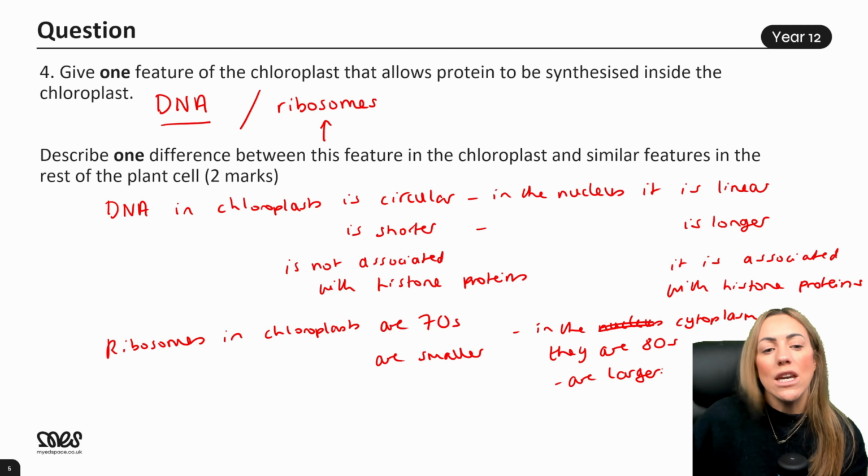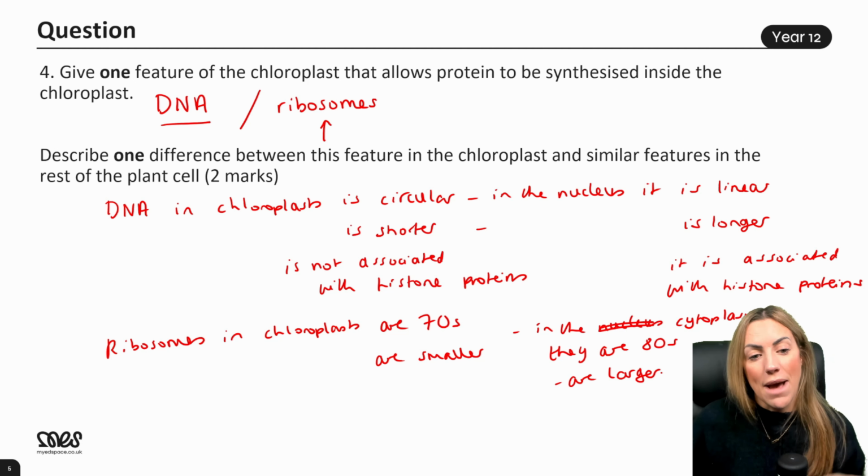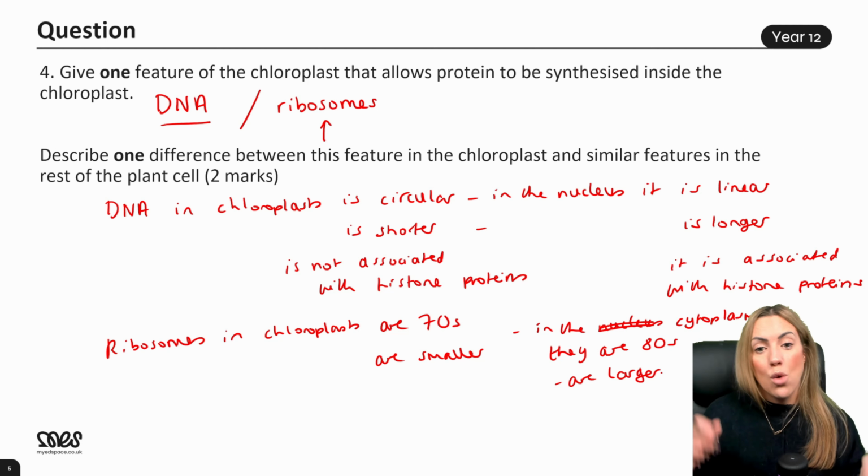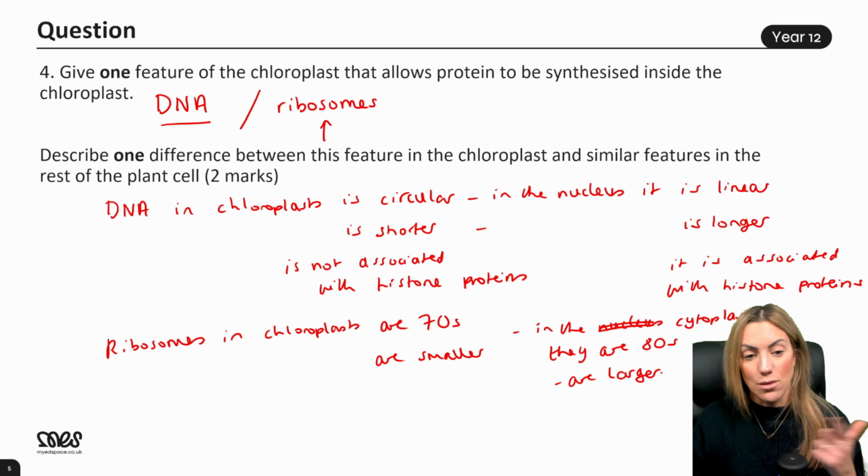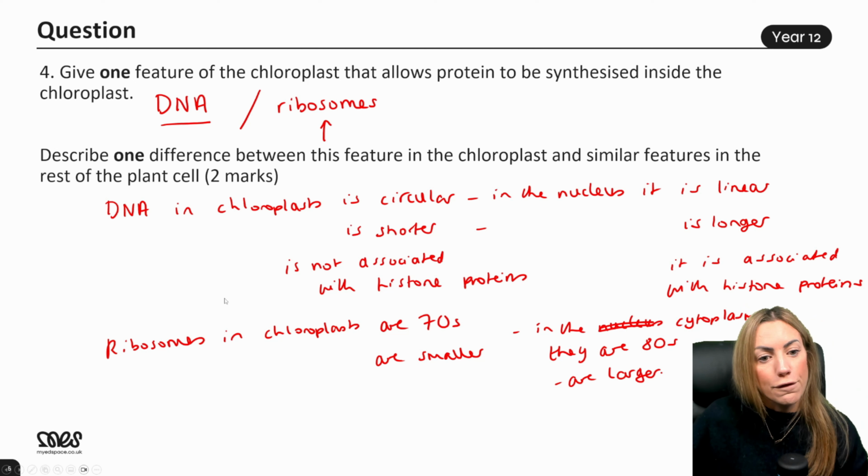Okay, again, we're making sure we give both sides of the story, comparing the ribosomes in the chloroplast with the ribosomes in the rest of the cell, which would be the cytoplasm or the rough endoplasmic reticulum.